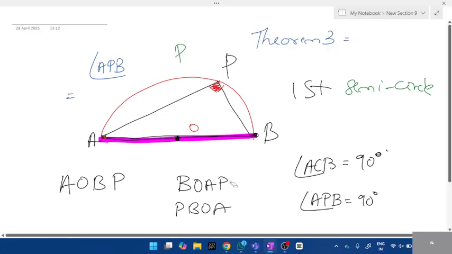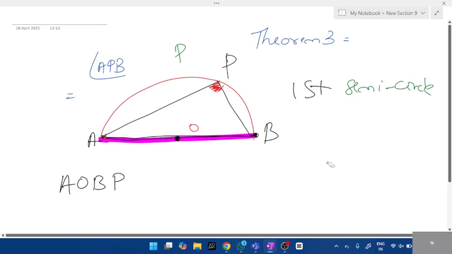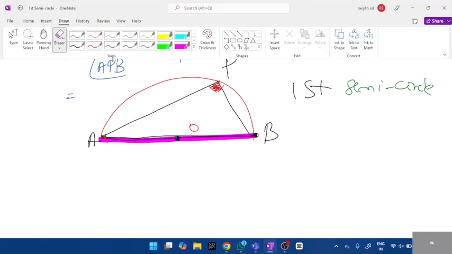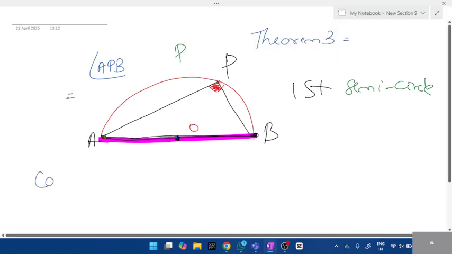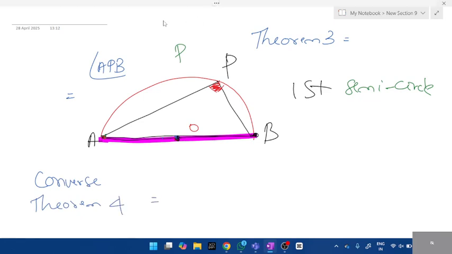The converse is nothing but the opposite. The third theorem is, in a semicircle, if you draw a triangle, we get 90 degrees. The converse of that, the meaning of converse is opposite, is the fourth theorem, theorem 4. Theorem 4 is the converse.